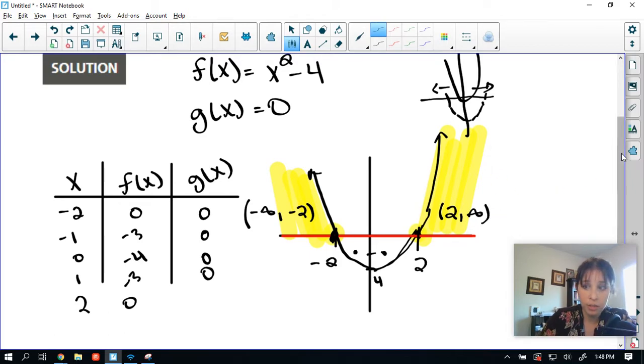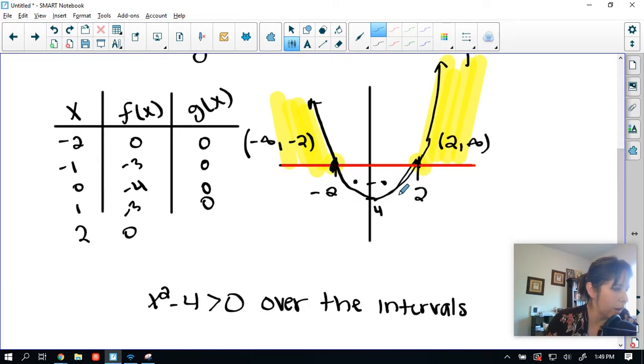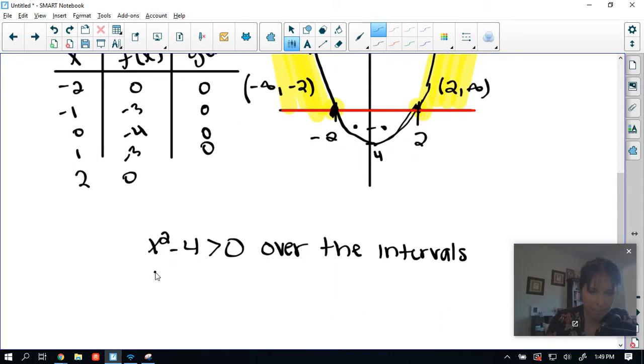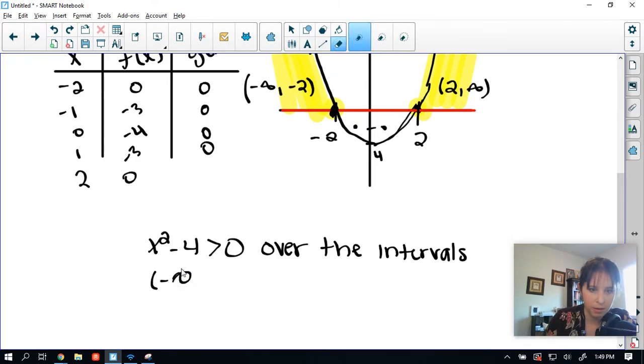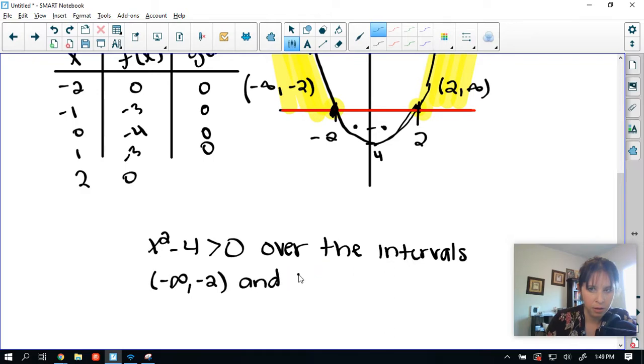Okay, so along those intervals. So I'm going to write on the intervals, negative infinity, comma, negative 2, and 2, comma, infinity. All right.